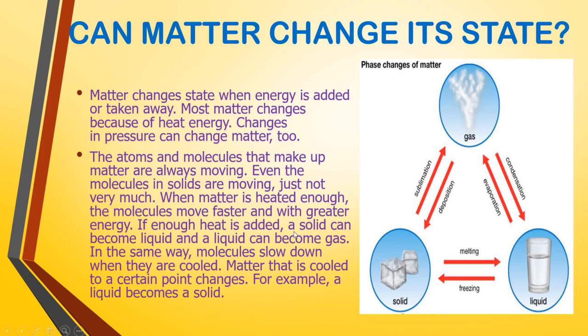In the same way, the molecules slow down when they are cooled. If they slow down, that will form liquid, and if they slow down more, it will form solid. Matter that is cooled to a certain point changes. For example, a liquid becomes a solid.